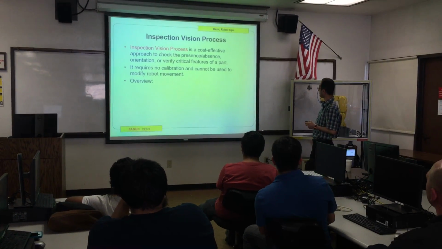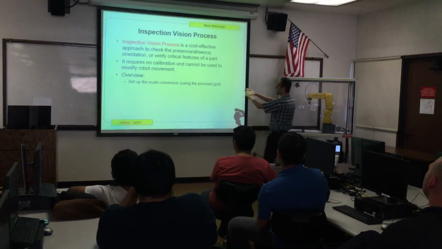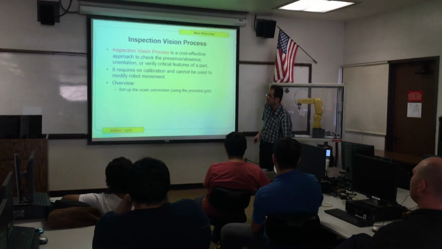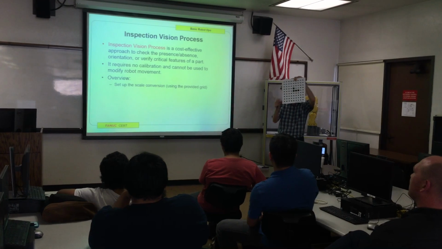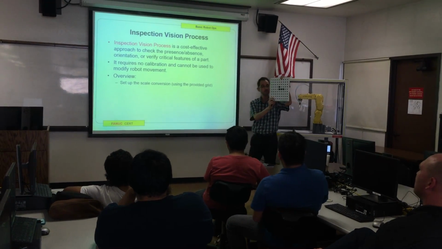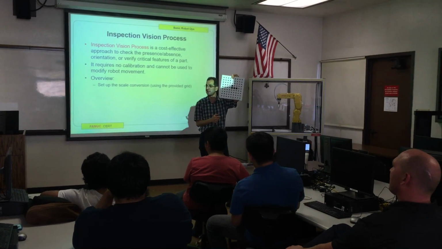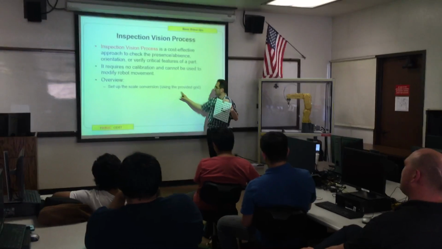Now, the overview of this system. The very first thing you need to do is to set up the scale conversion. And we're going to use that with this provided grid. What that does is teach the system to have a sense of distances in space. Otherwise, how does the system know from here to here is how many millimeters?